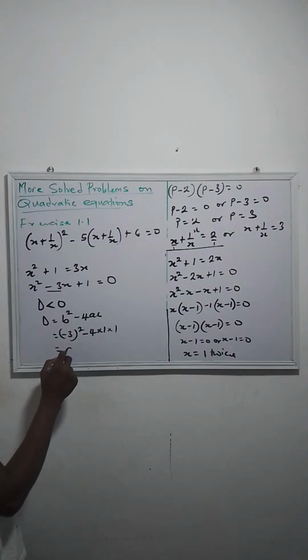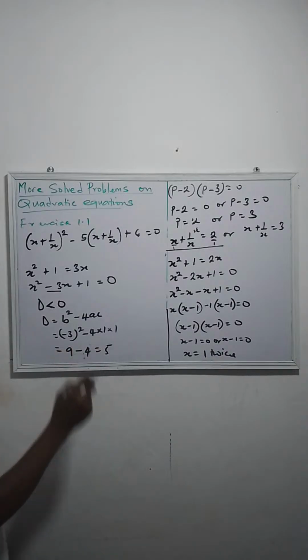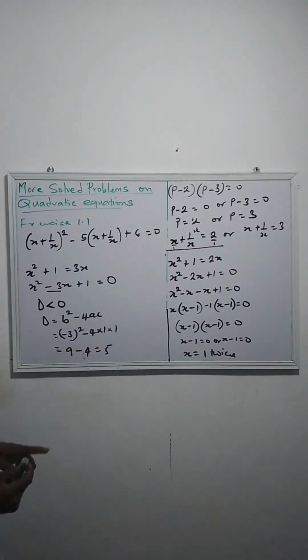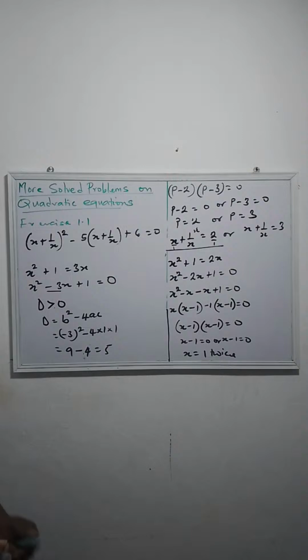So we have 9 minus 4, which gives us 5. Now the discriminant is greater than 0, so the solution is going to give us real numbers. So we can make use of the quadratic formula, or use the completing the square method.